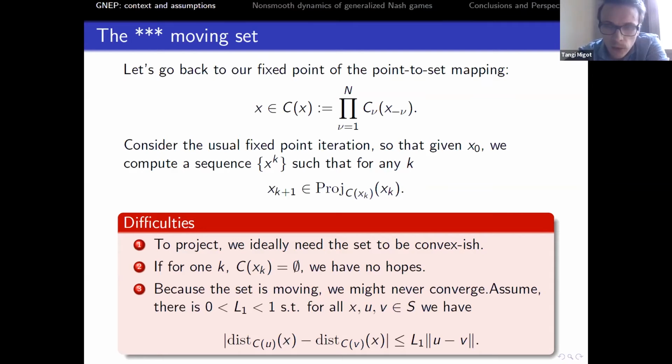Okay, so really it's with respect to how the set is moving here. Okay, the U and V is for the C of U, C of V. Okay, so under this type of assumption plus the convexity plus our previous assumptions, then this fixed point iteration will converge to a fixed point. Perfect.